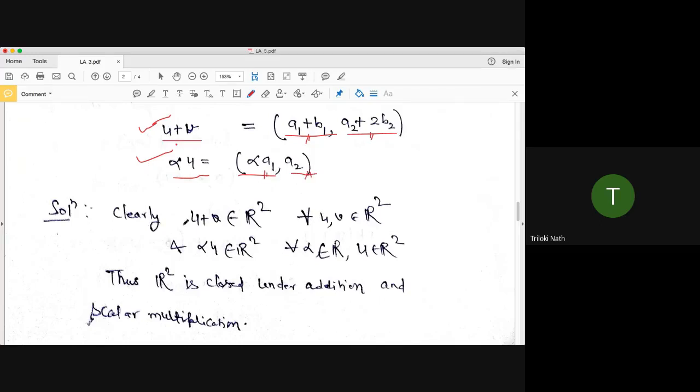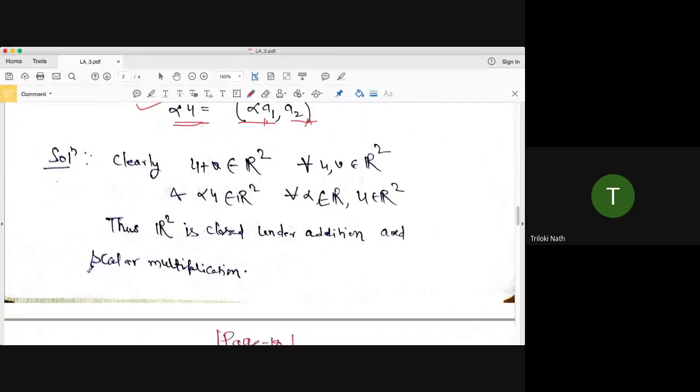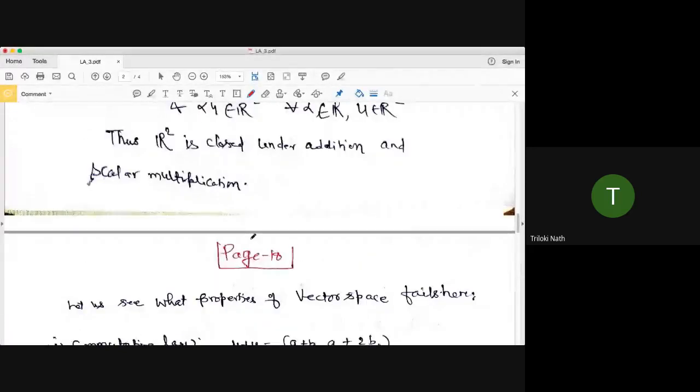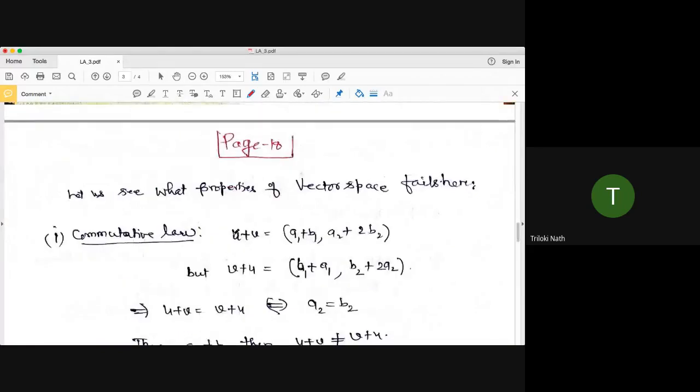So U plus V is also in R2, alpha U is also in R2. Thus R2 is closed under addition and scalar multiplication defined in this way. This is not the usual coordinate wise addition and coordinate wise scalar multiplication. So let us see what properties of a vector space fail here.